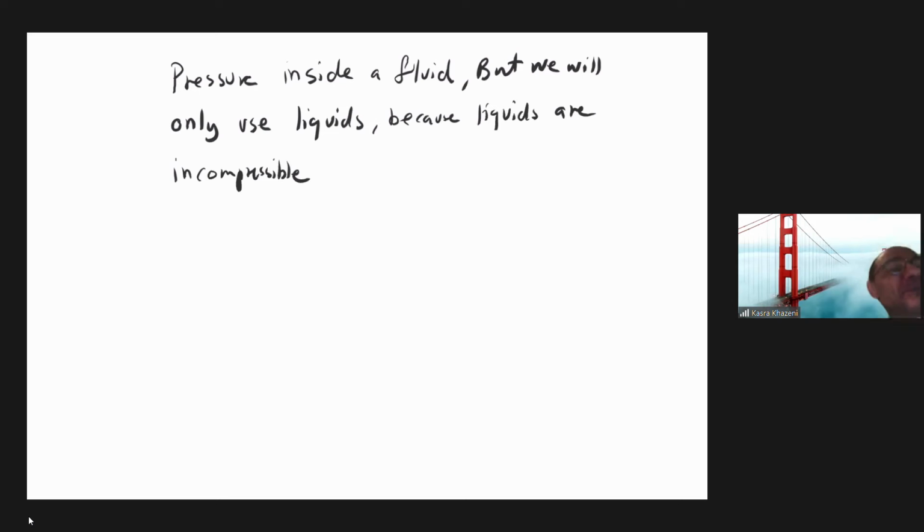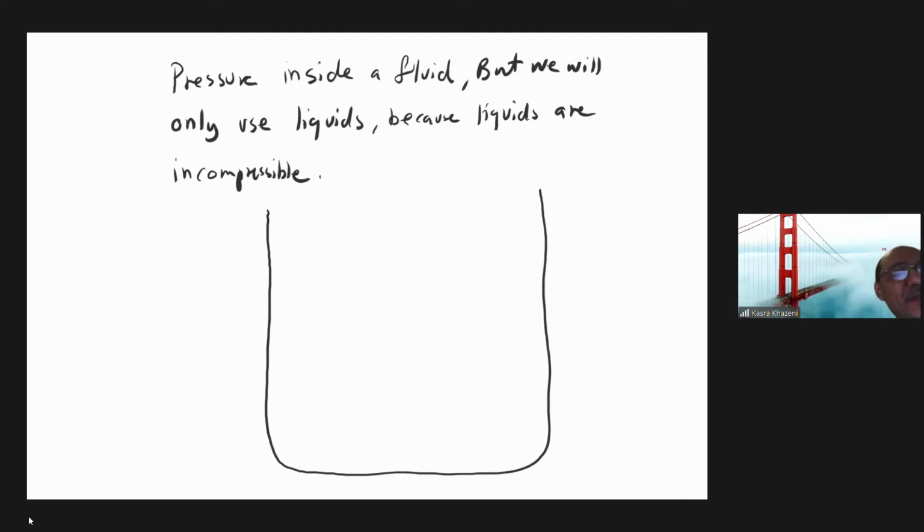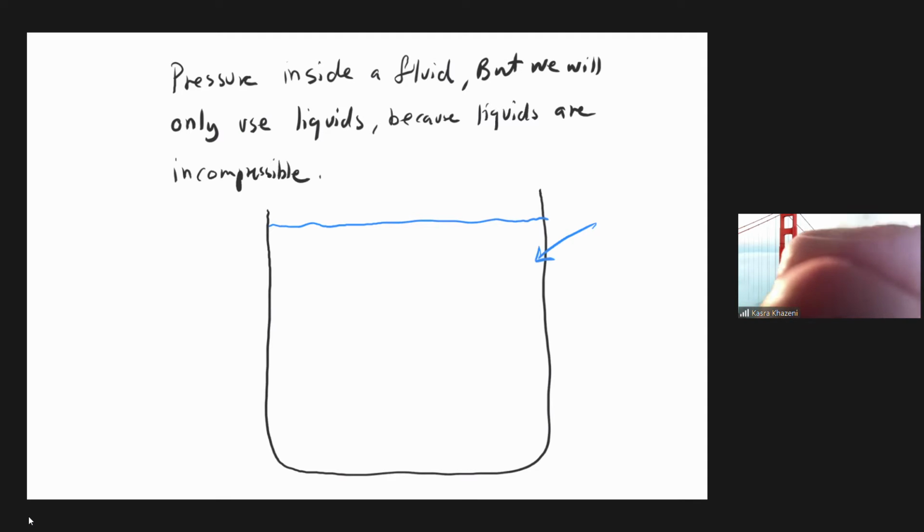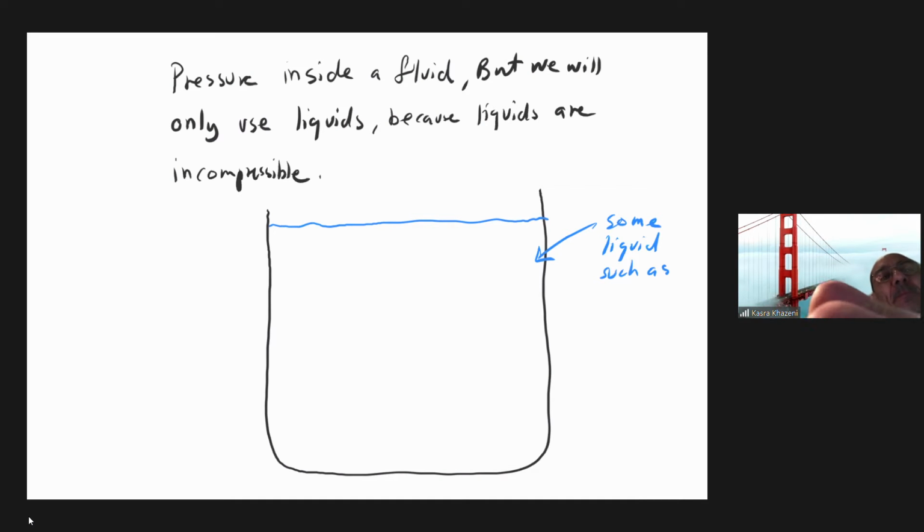So suppose I have a container and it holds some sort of a liquid. It can be water or whatever liquid it is, some liquid, such as water. Okay, can be anything else.